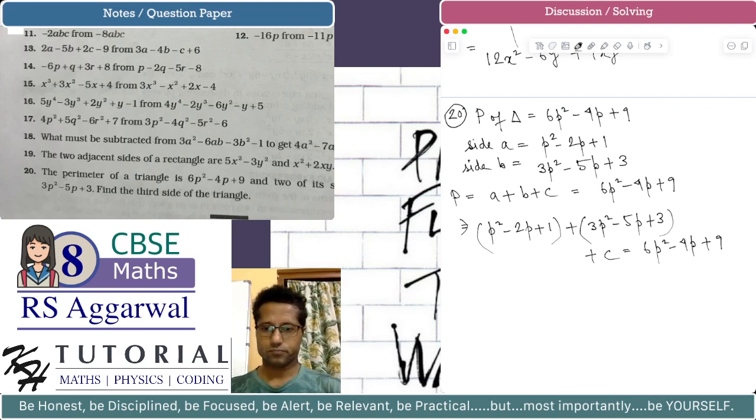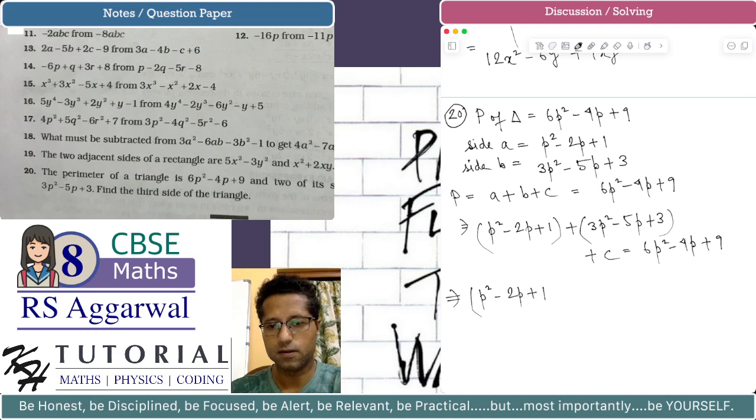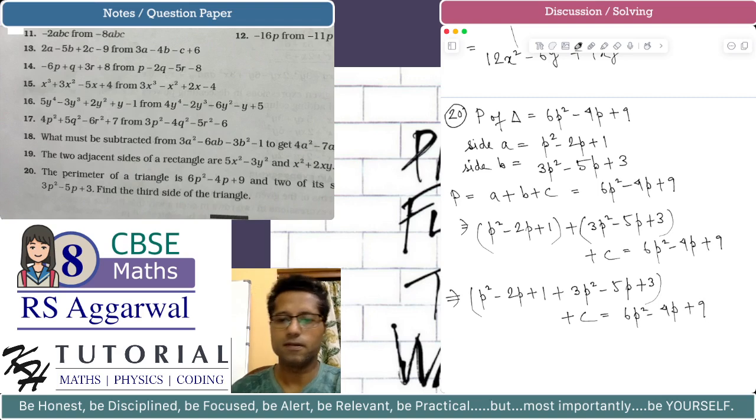Now from here, if we simplify the addition of the two algebraic expressions on the left hand side, we can open the brackets: p square minus 2p plus 1 plus 3p square minus 5p plus 3, and we have plus C is equal to 6p square minus 4p plus 9.